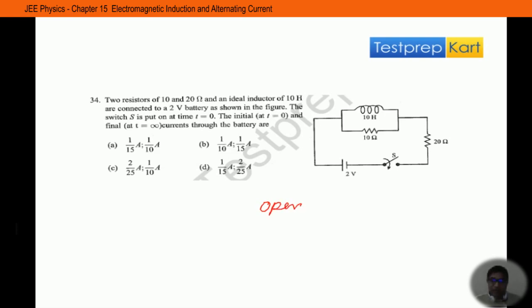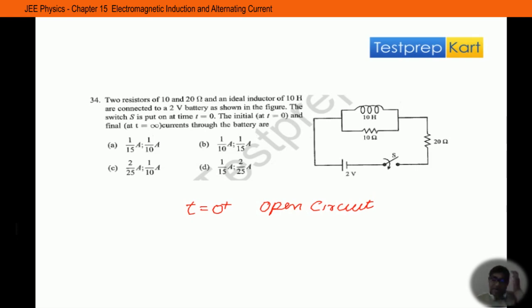So you just need to remember this fundamental: when the switch is just on, you can write the notation t equals to 0 plus, the point when the switch is just on, then inductor charging will not start immediately. So net current in the inductor is 0.